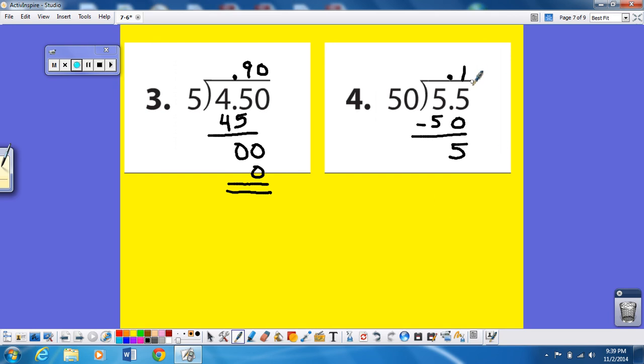So here's where I'm going to increase this bar and make it a little bit longer, and I'm going to add a 0, and bring it down. 50 goes into 50 one time. 1 times 50 is 50. Now I have zeroed out, and I know that 5 and 50 hundredths divided by 50 is 11 hundredths. So here was an example where it was not terminating until we added a 0. We had to add a 0 because we cannot have remainders when we do decimal division.